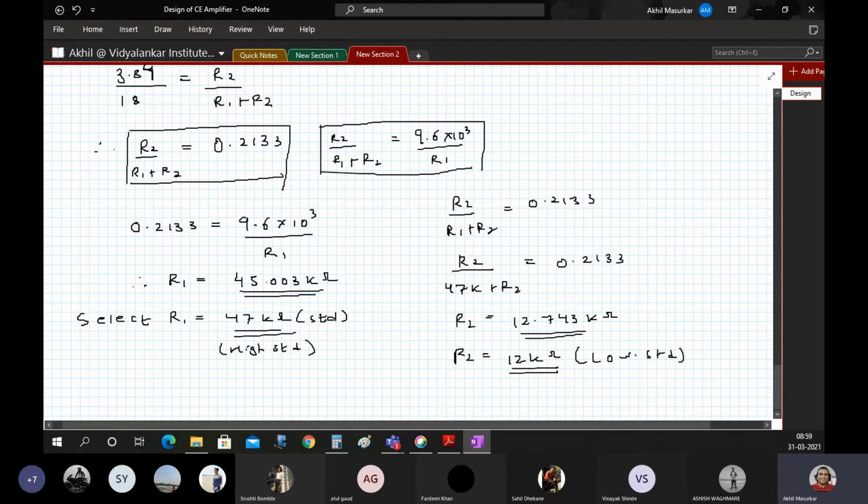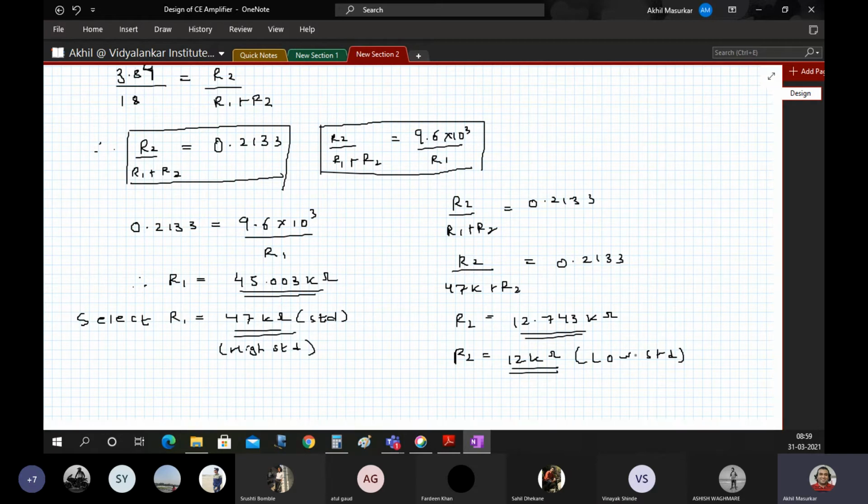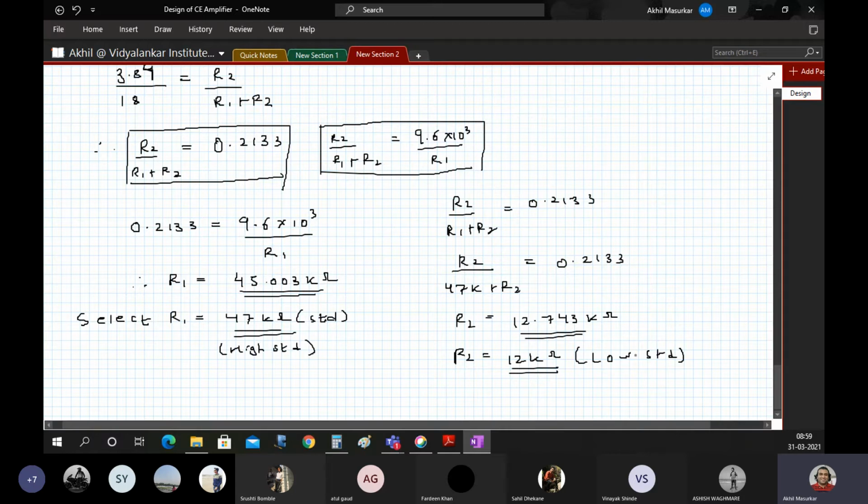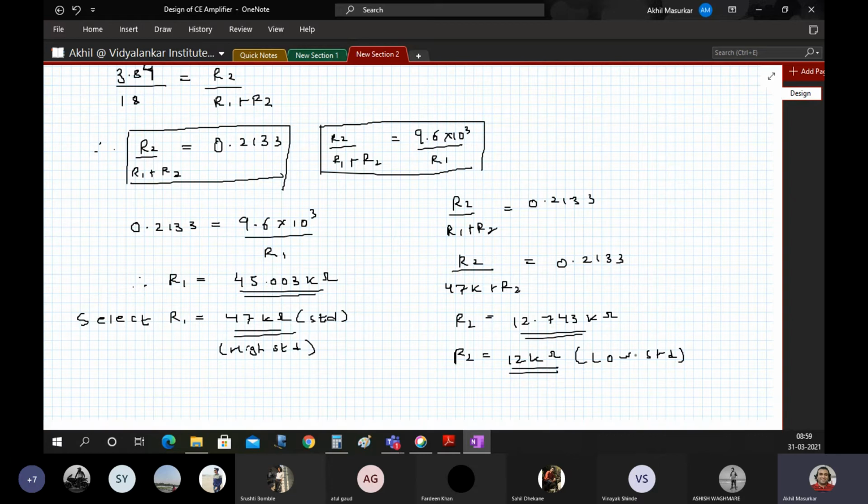Now here we are taking a higher standard and here we are taking a lower standard. If you take both as higher standard or both as lower standard, then the Q point might shift. So if in one place you are taking a higher standard value, in the other place you take a lower standard value. That is the compensation, because of a higher standard approximation in R1, you can compensate that by a lower standard value in R2 since they are connected in the potential divider.